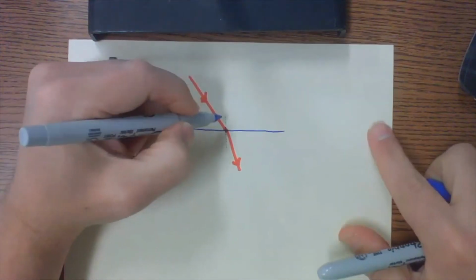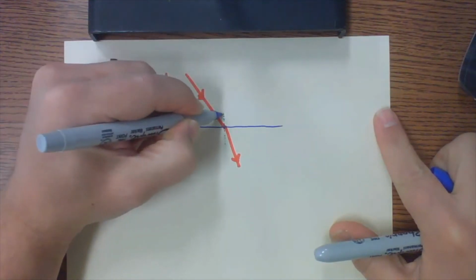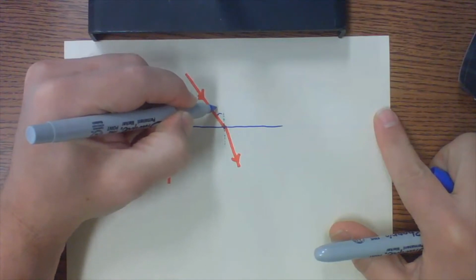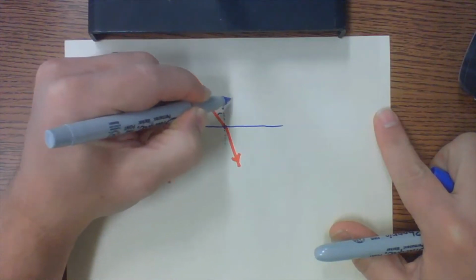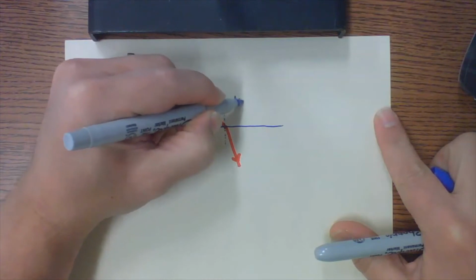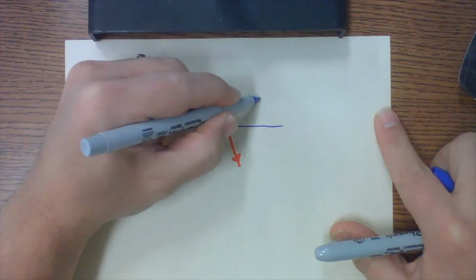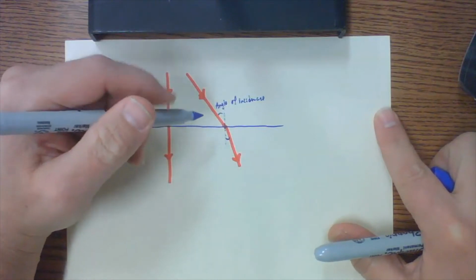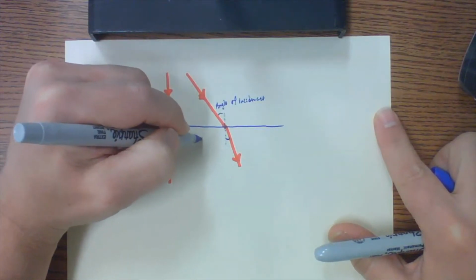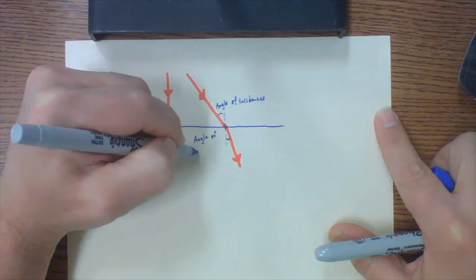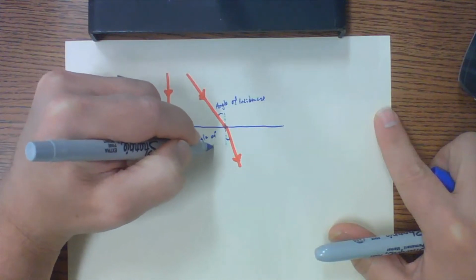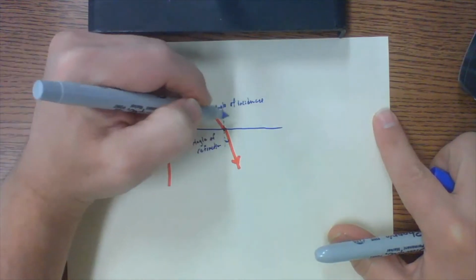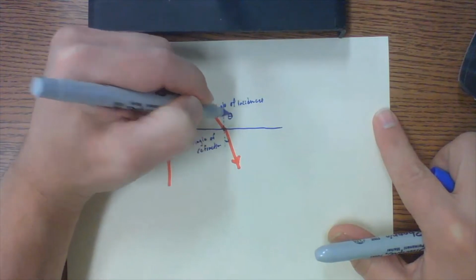Now again, these angles are the important part. This is what we call the angle of incidence. And this one right here is the angle of refraction. I use this symbol here, that's theta.